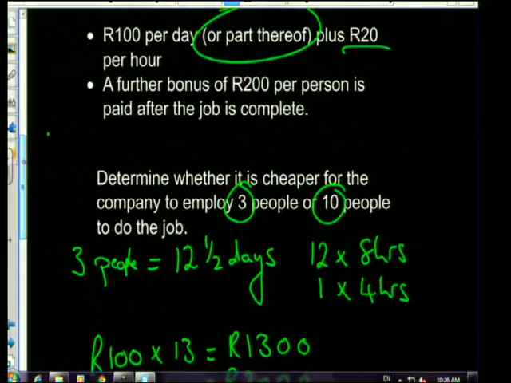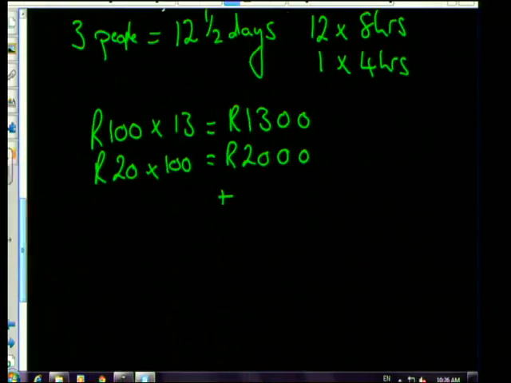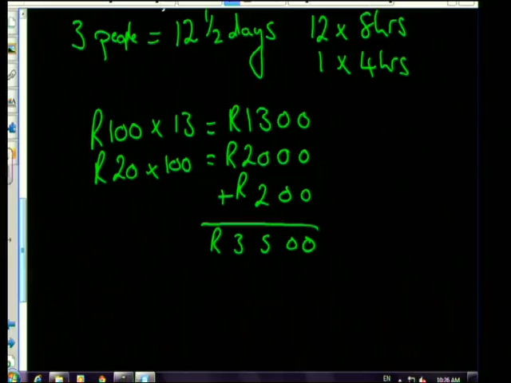But there's something else. There's a bonus of 200 Rand per person when they finish the job. So they're also going to get another 200 Rand. So how much is each person going to be paid? Each person is going to land up being paid 3,500 Rand.